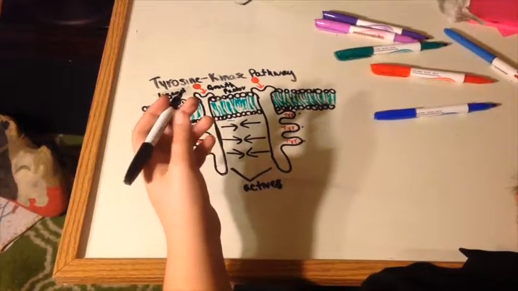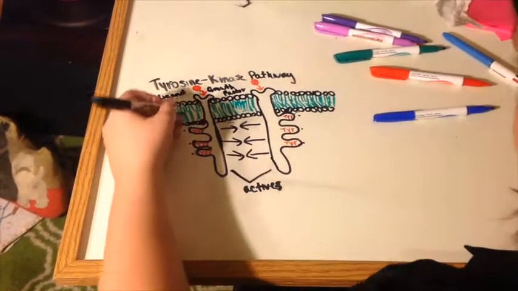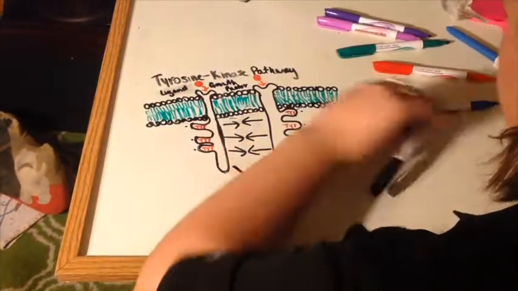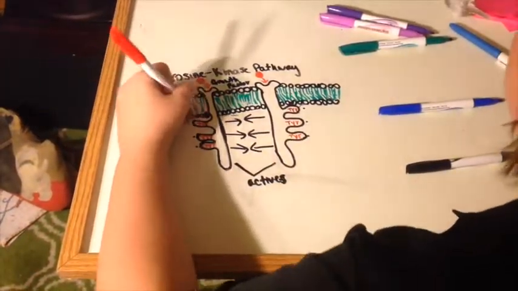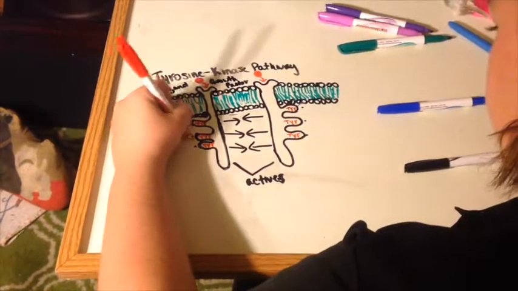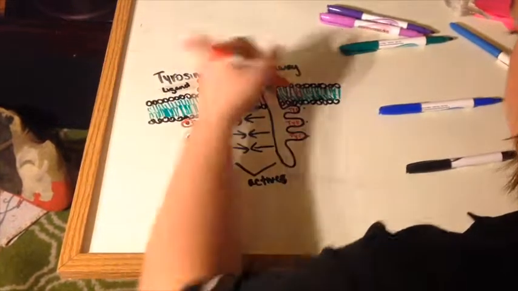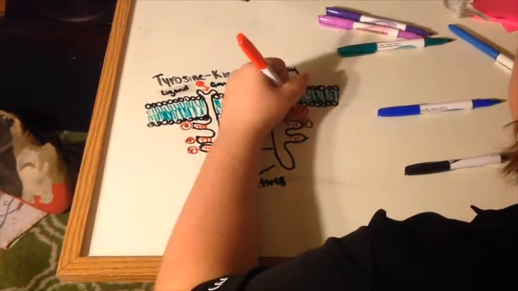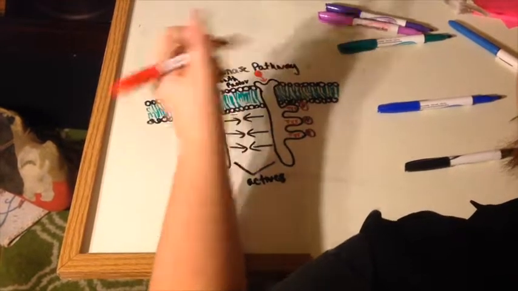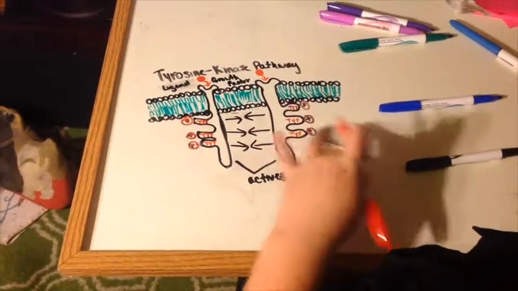This activates the tyrosine, where you add a phosphate for each separate unit. You get to add a phosphate from ATP, because you have 6 ATP and you have 6 separate units.